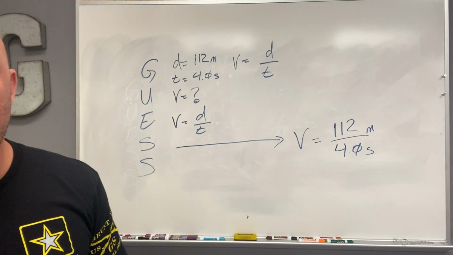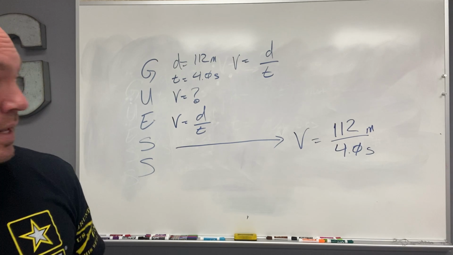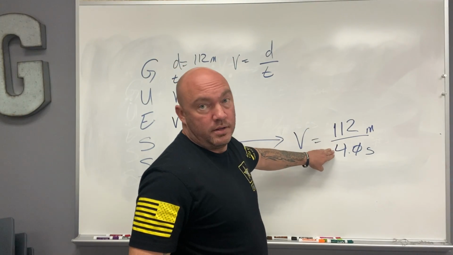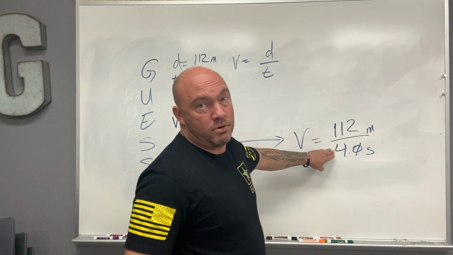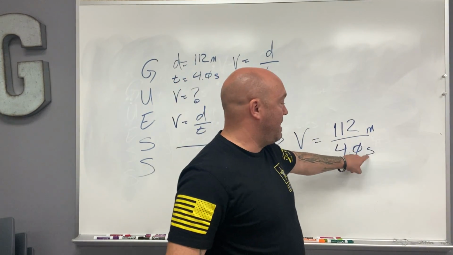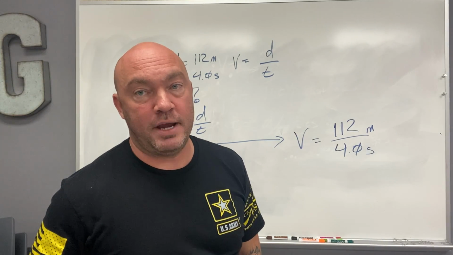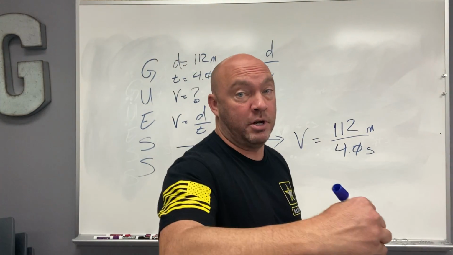Okay? So far, you guys should be tracking with me. Now, velocity is equal to 112 meters divided by 4.0 seconds. Can my meters and my seconds cancel each other out? Absolutely not, which is going to give me my unit. That's going to help me know that I am that much closer.